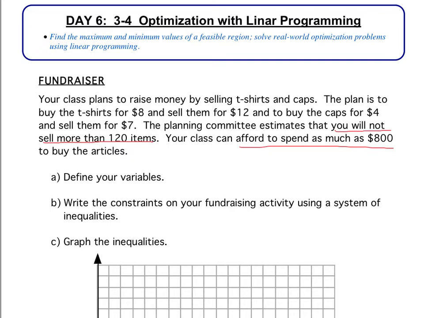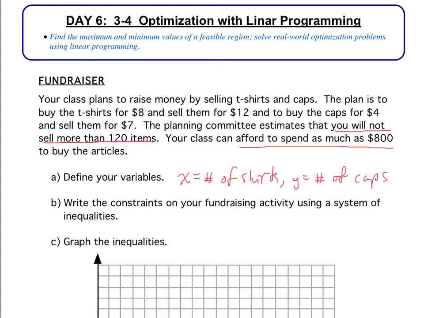Okay, our objective here is going to be to try and maximize our fundraising capabilities. So to start, to define our variables, x is going to equal the number of shirts, and y is going to equal the number of caps.